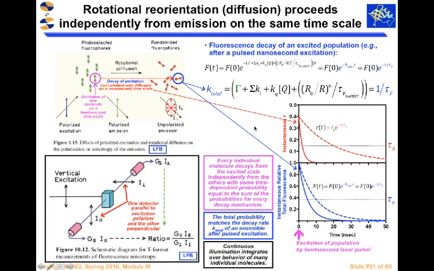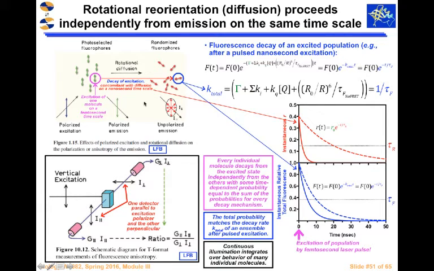So now, to think about that and analyze it, we can look at how the anisotropy would behave after a pulsed nanosecond excitation. After a pulsed nanosecond excitation, again, the fluorescence process will proceed, but it proceeds essentially independently from the rotational reorientation process. The physical properties affecting the different decay rates out of the excited state are not significantly influenced by rotational reorientation.